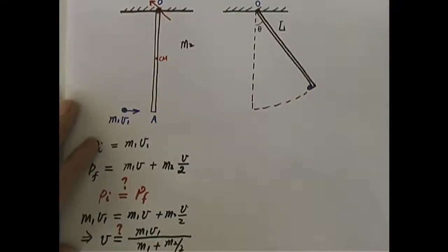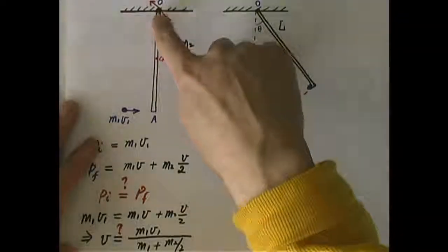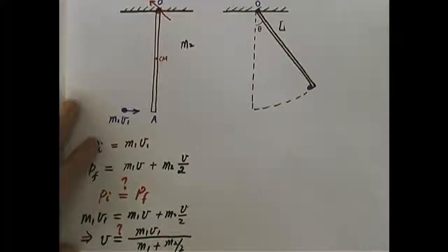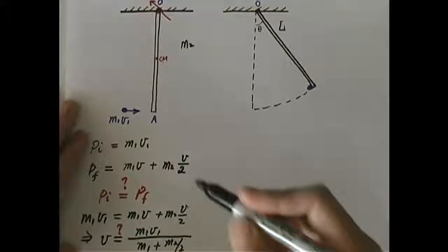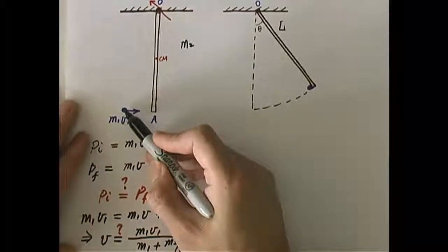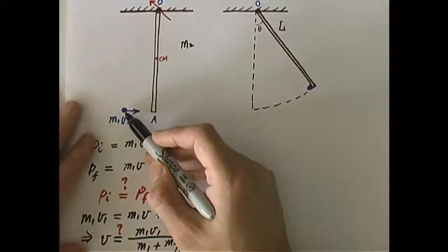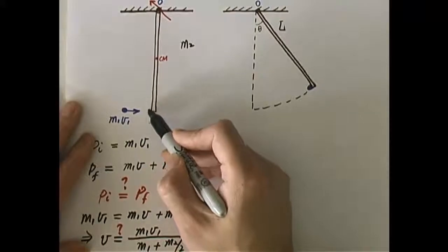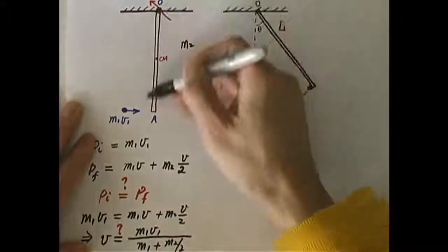So let's see now. Before the collision, what is the angular momentum of the system measured at point O? Okay, I'm using point O as a reference. Before the collision, only the mass m1 has angular momentum. It's a point mass, so remember the formula, r cross p. It is right here before the collision, right? So r is like that, p is like that.